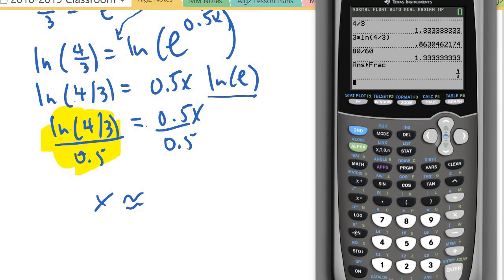So it will be ln 4 divided by 3, and then all divided by 0.5, and then enter. So we'll get 0.575354, about 0.5754.